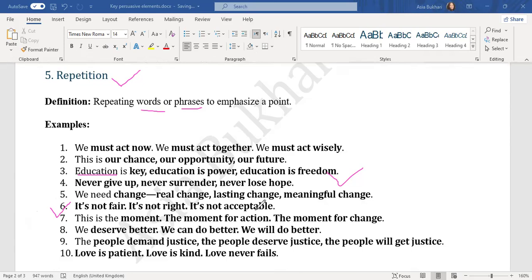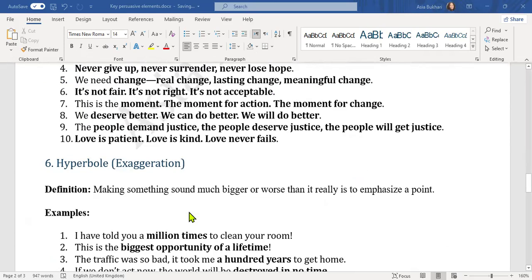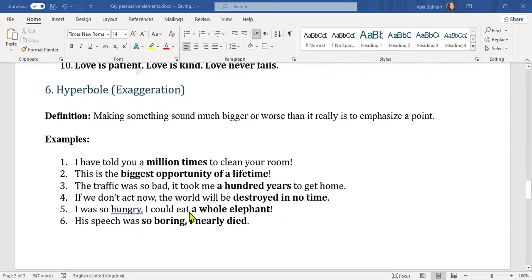Three short sentences side by side to create an effect. Okay. Now look at sentence number 10. Love is patient. Love is kind. Love never fails. So you see that such use of language is really going to impress the examiner, and it's really going to bring some great effect in your writing.